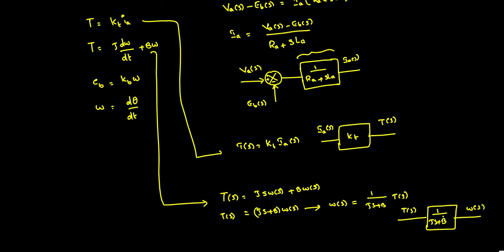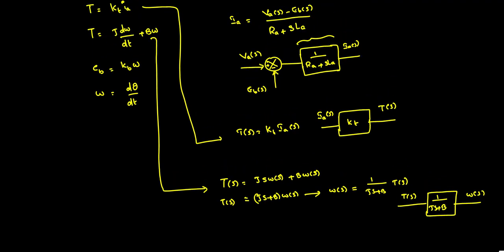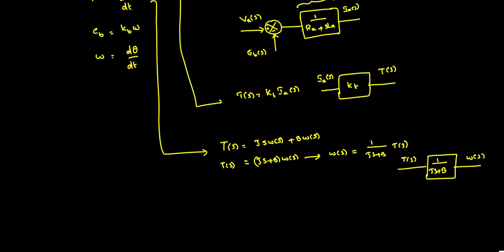Similarly, another one is EB, the back EMF. EB of s is equal to KB into omega of s. These equations I taught in my earlier sessions 4 or 5; please look into that, otherwise you will not understand.